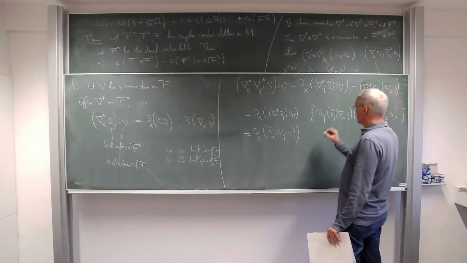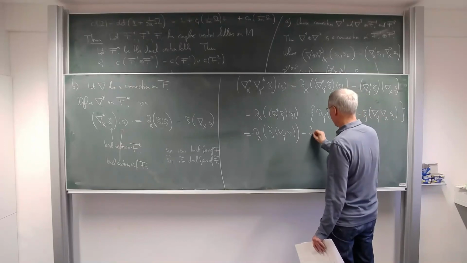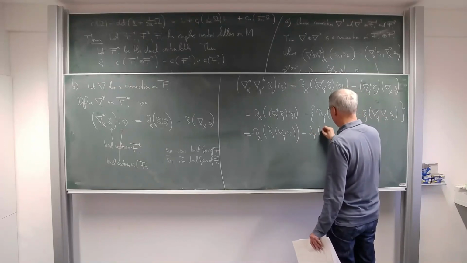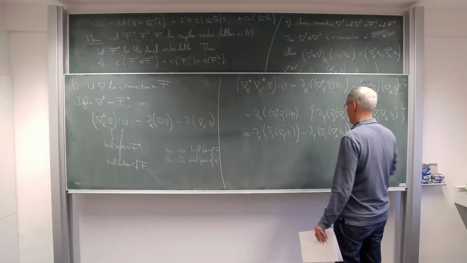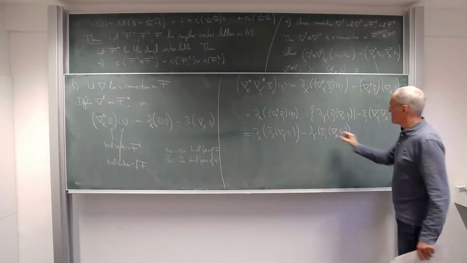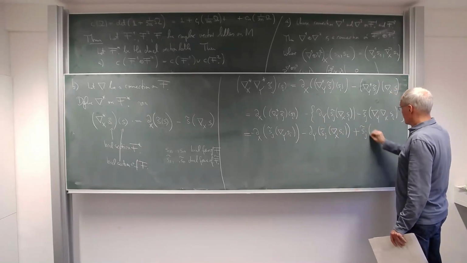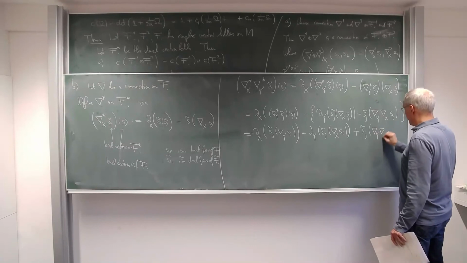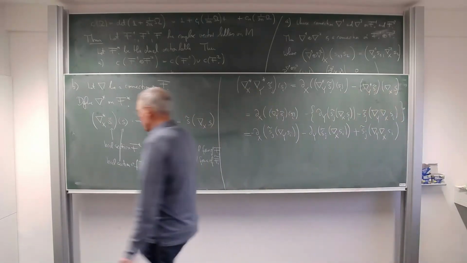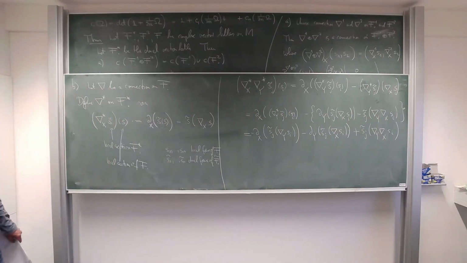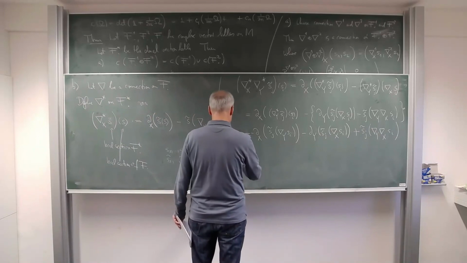And here I have the same thing with Y and X interchanged. And finally, minus times minus is plus: here I have Sj tilde of nabla Y nabla X Si. That's what I have. And now I do it also in the opposite order, and I subtract the two.